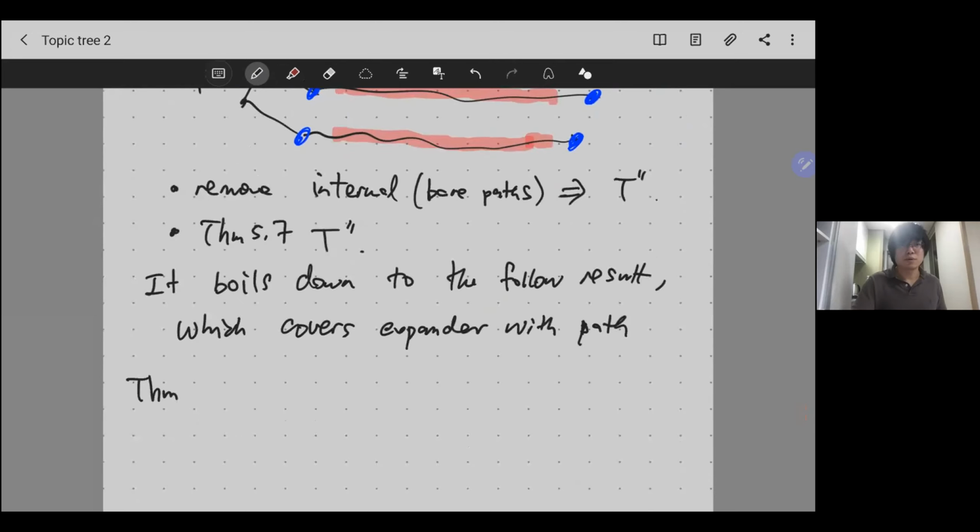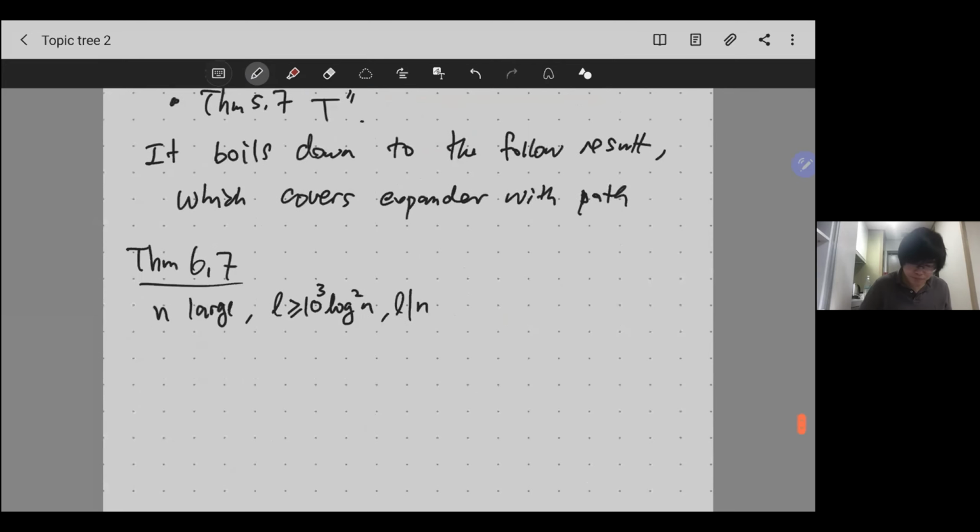Oh, this part, I don't remember the number, 6.7, good. The labeling is 6.7. It says: let n be large, and let's define L to be also large, some constant times at least log n squared. And let's suppose L divides n. All right, this is the setup.